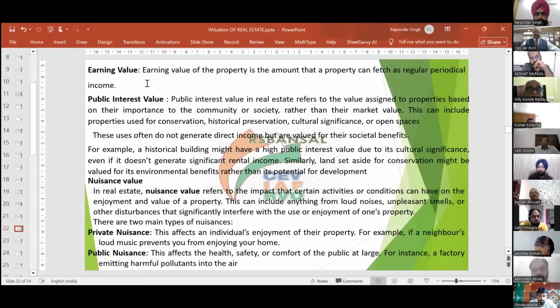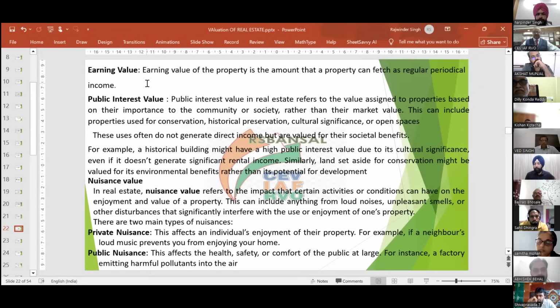Next is earning value, how much regular income a property can generate, that is called earning value. Public interest value, this is in case of properties which are used for public interest such as parks and other things.